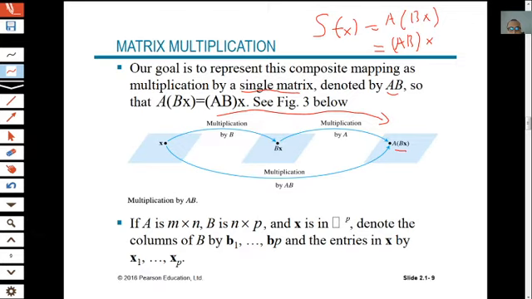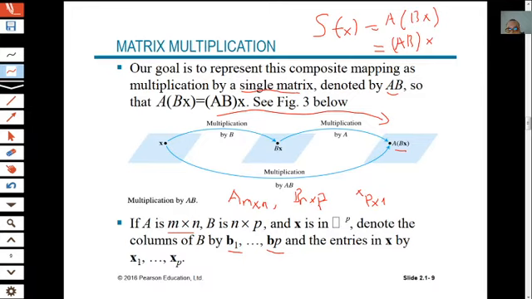Okay, therefore if A is an m by n matrix, B is an n by p matrix, and x has p components, p times 1, denote the columns of B by B1, B2, up to Bp, and the entries in x by x1, up to xp.